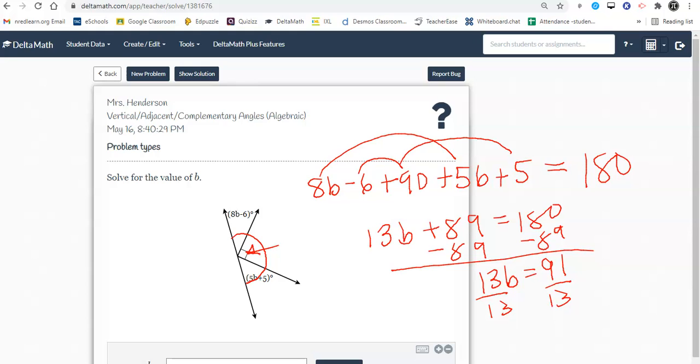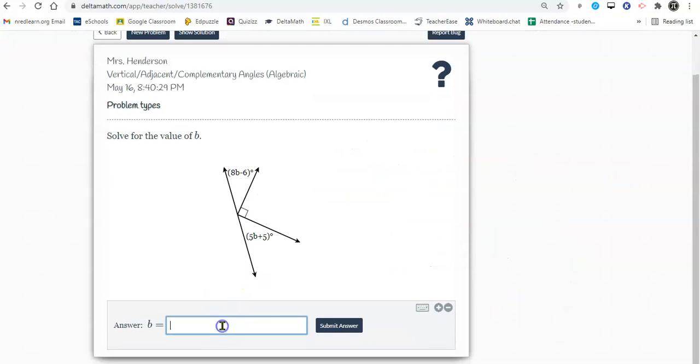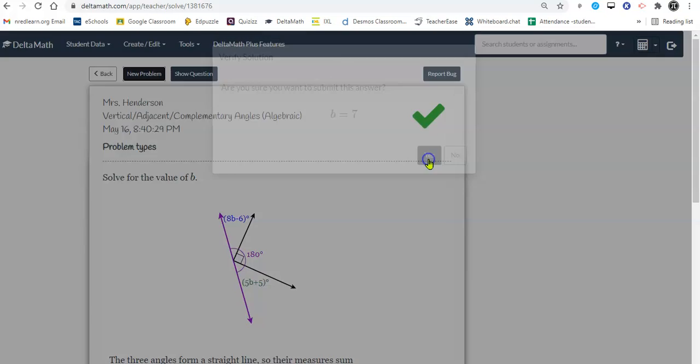So let me get my calculator handy. 91 divided by 13 is 7. So b is equal to 7. So I'm going to scroll down here, type my answer, and submit.